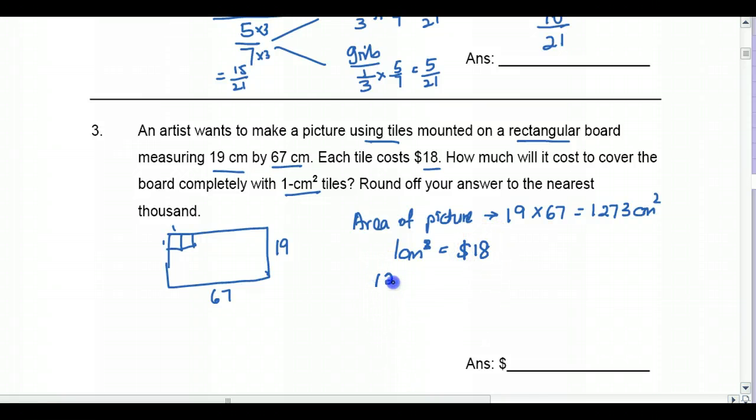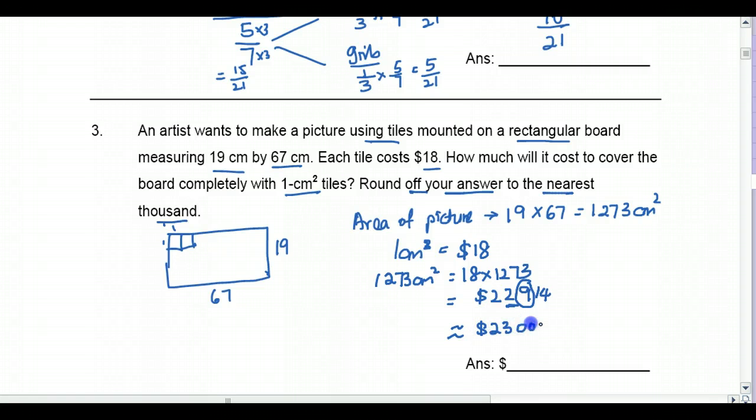So 1273 cm square will be 18 times 1,273, which will give me $22,914. I need to round off my answer to the nearest thousand. So let's look at the hundreds digit, which is 9. So approximately it will be 23,000 because I round up. So the answer is $23,000.